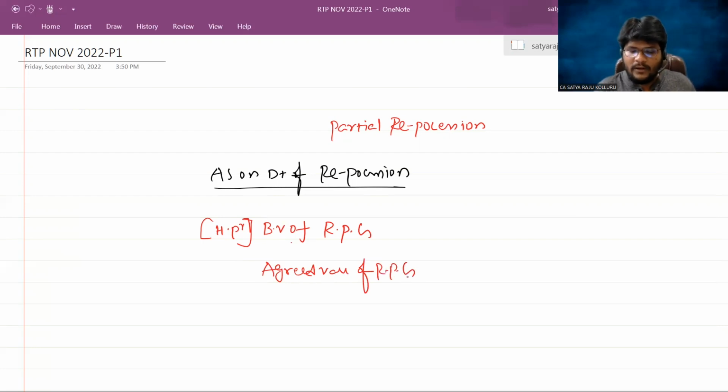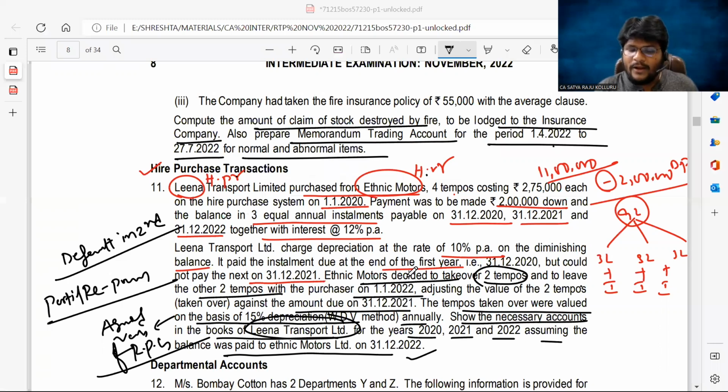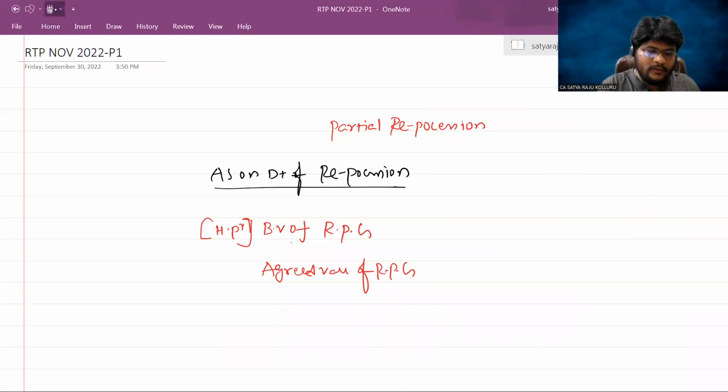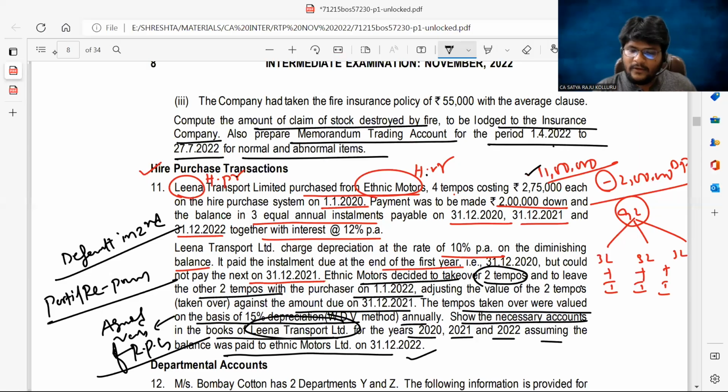For example, in this case, what is the book value of the repossessed goods, sir? It's very easy. The original cost was 11 lakhs, right? They are providing the depreciation at the rate of 10% per annum, right? In hire purchaser books, we need to check the original cost per one tempo, not for all tempos, because only two tempos were repossessed, right?